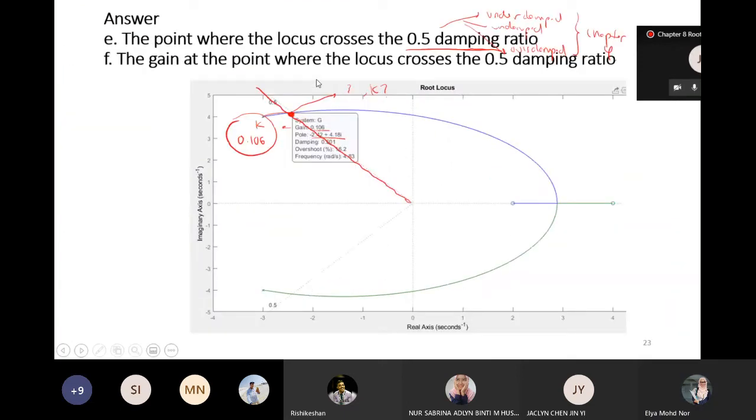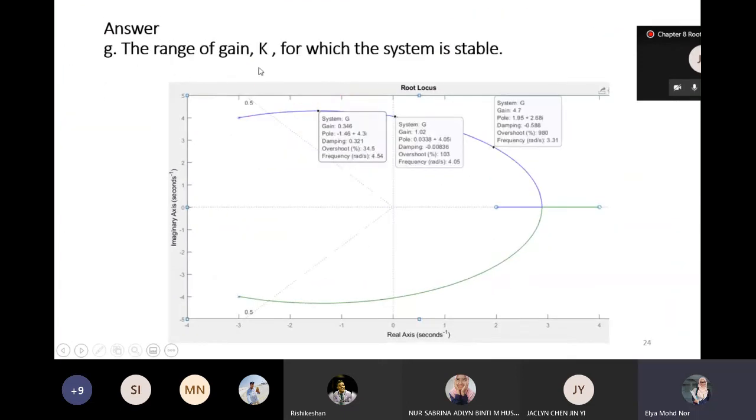So lastly, the range of gain K for which the system is stable. We need to find the range of gain K. Look here, I have three points. This is the j omega crossing. You know that at the j omega crossing, K is 1.02. This part is the stable region, and this part is the unstable region.